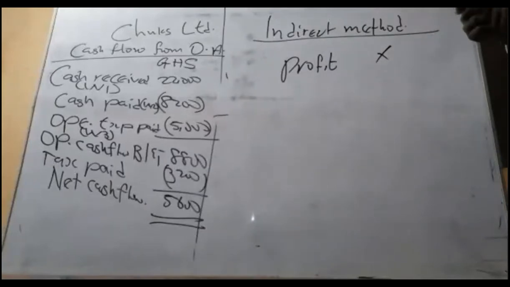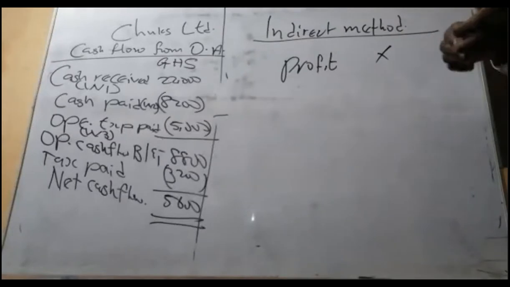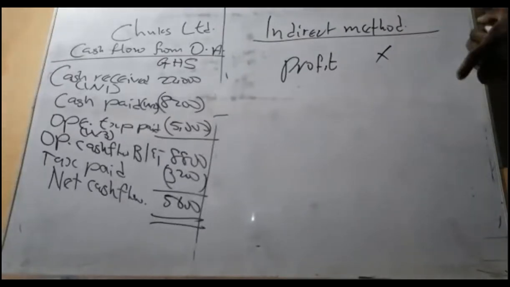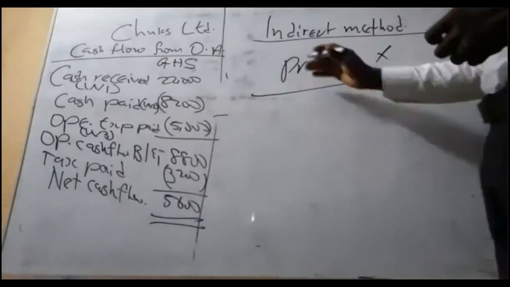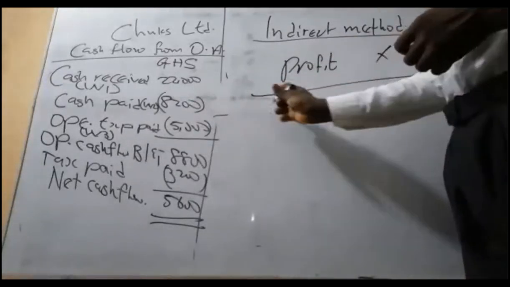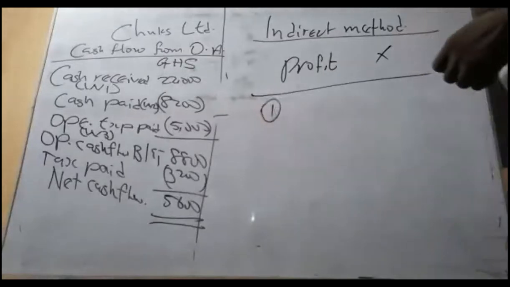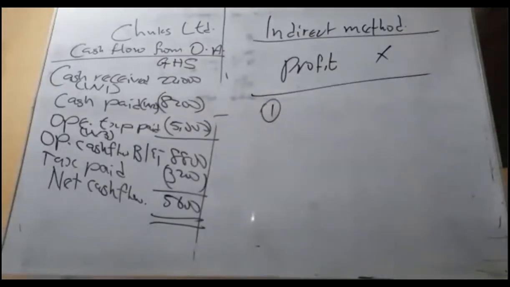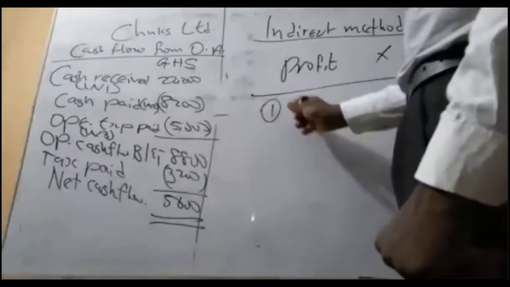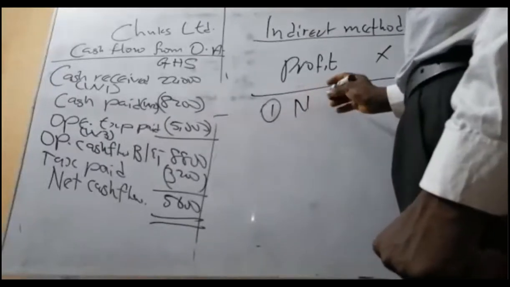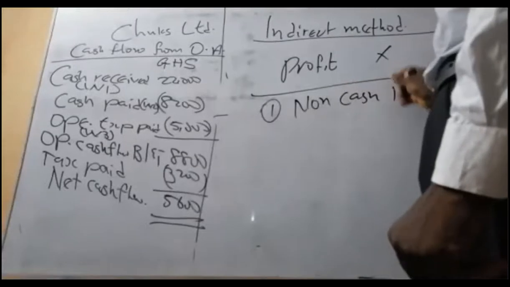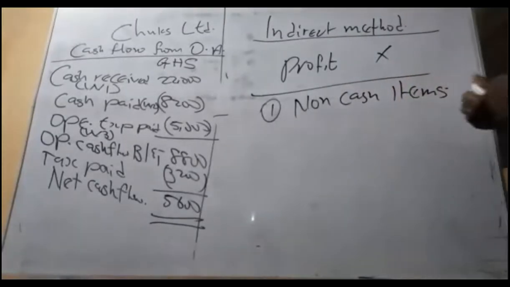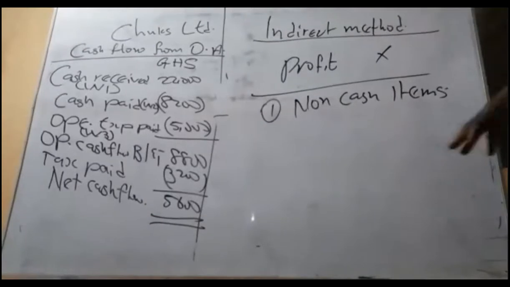Item number one, first on the list: non-cash items. So any non-cash items that have been reflected in the profit, let's reverse them.